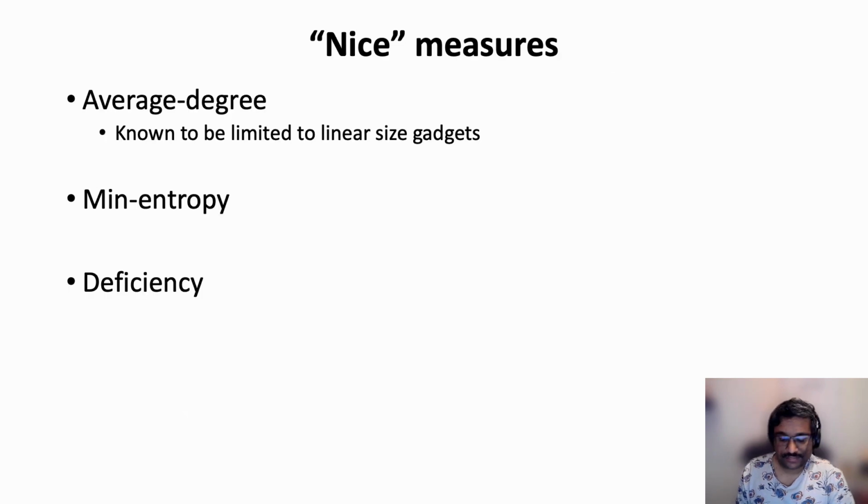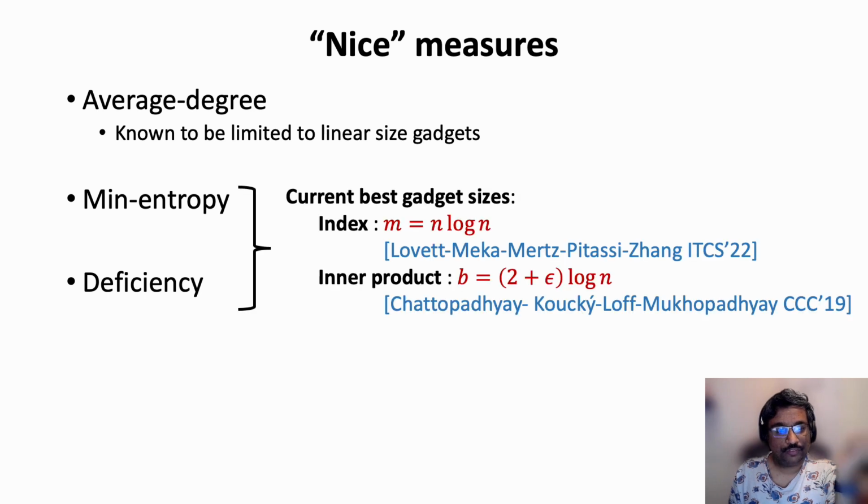So let's revisit nice measures with respect to index and inner product gadgets. We already mentioned that average degree cannot give you lifting theorems for index with less than linear size gadgets. But for min entropy and deficiency, the current best gadget sizes are as follows. For index, we can already get m to be something close to linear, something like n log n. This was in the paper of LMMPZ in ITCS last year.